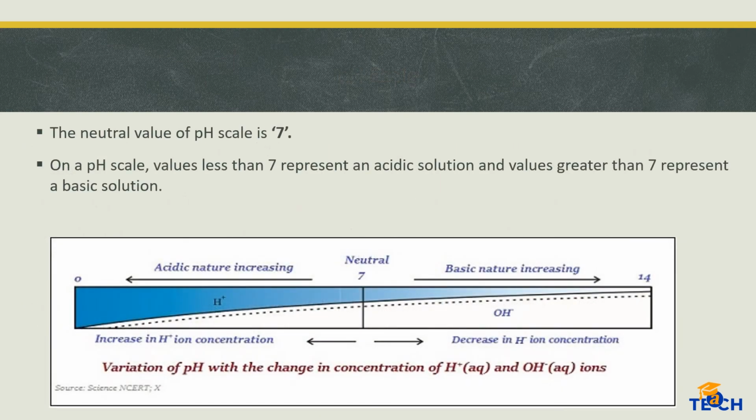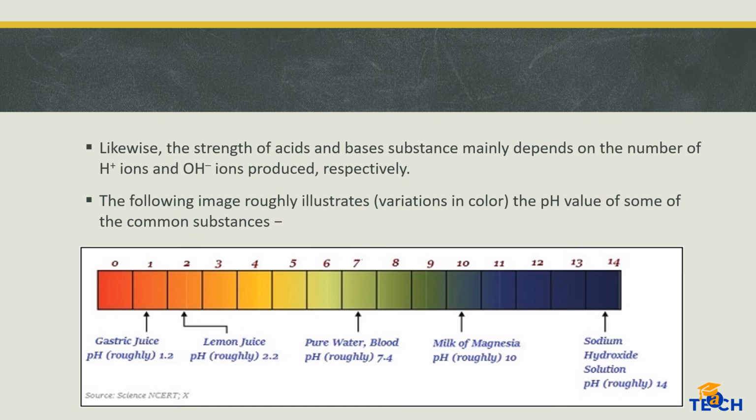The neutral value of pH scale is 7. On a pH scale, values less than 7 represent an acidic solution and values greater than 7 represent a basic solution. Likewise, the strength of acids and bases mainly depends on the number of H+ ions and OH- ions produced, respectively. The following image roughly illustrates variations in color and the pH value of some common substances.